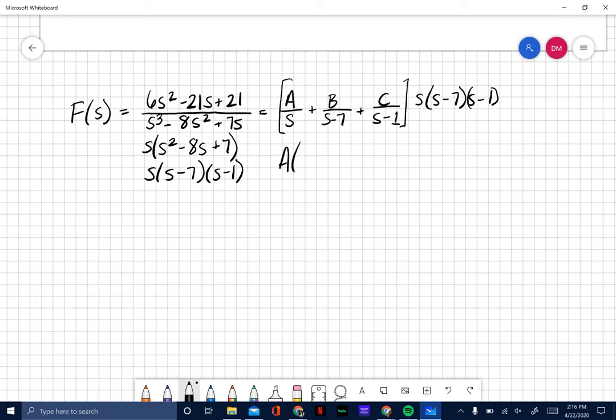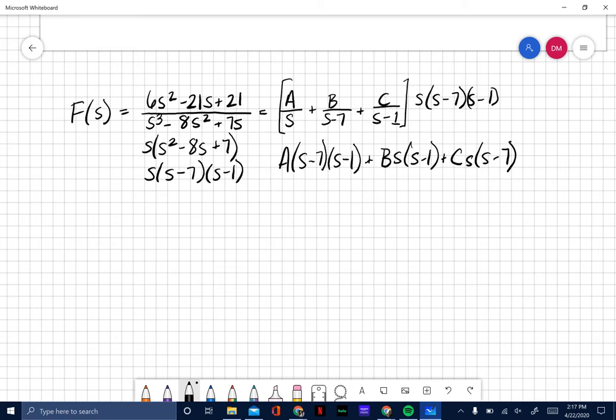So A times s minus 7 times s minus 1, since the s's cancel, and then for B, the s minus 7s would cancel, so we get s times s minus 1. And then C times s minus 7.